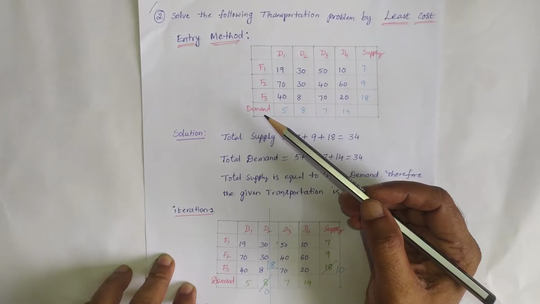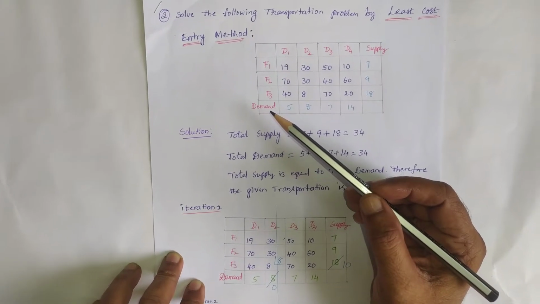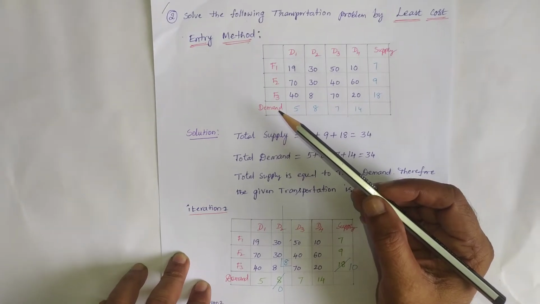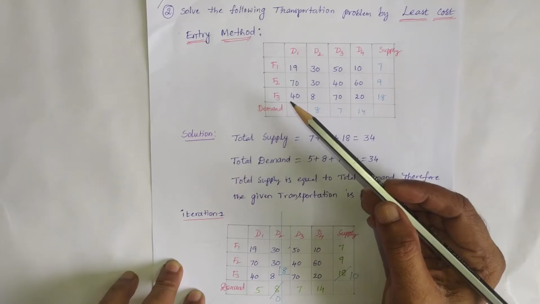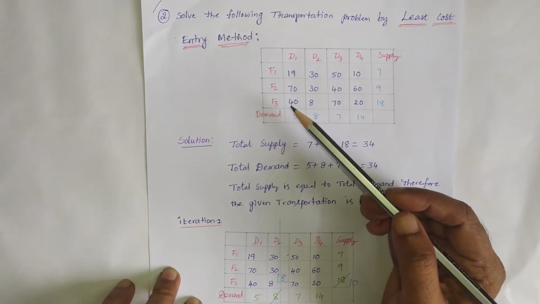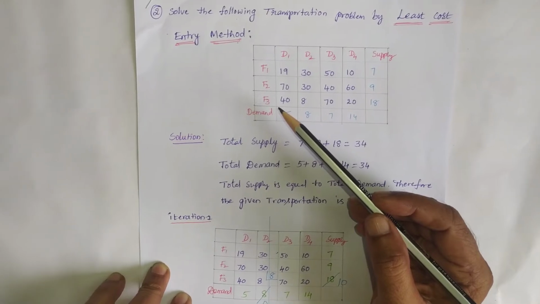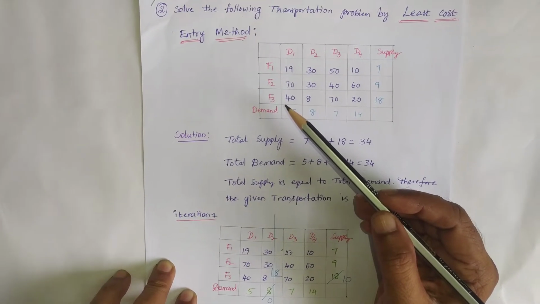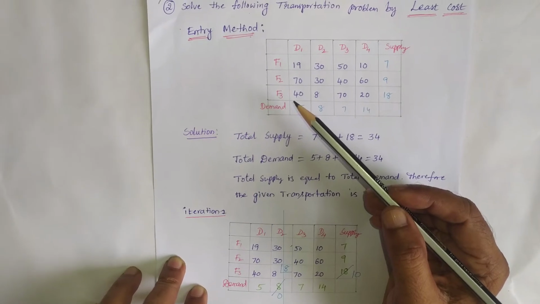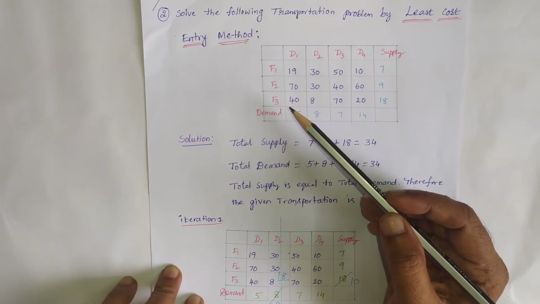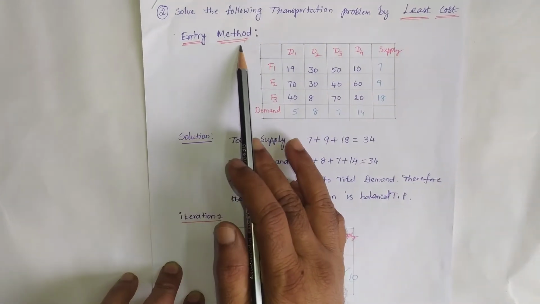In transportation problems, there are three methods available for identification of the initial basic feasible solution. One is the northwest corner method, second is the least cost entry method, and third is Vogel's approximation method. Today I am going to explain the least cost entry method.